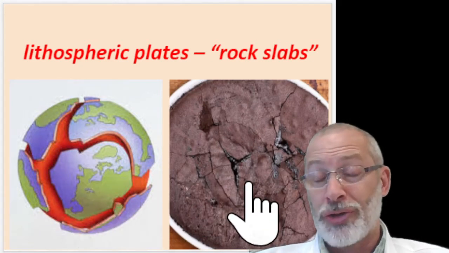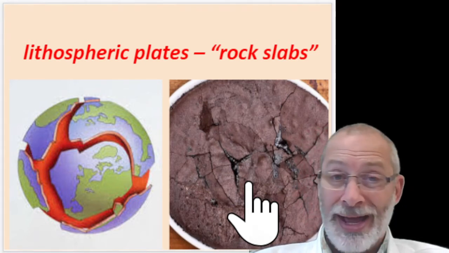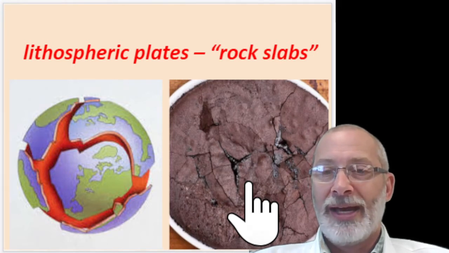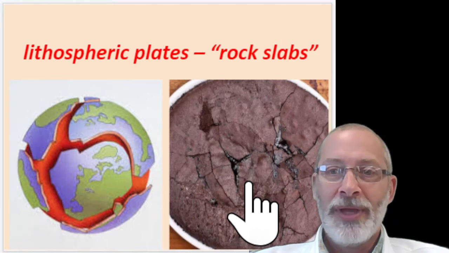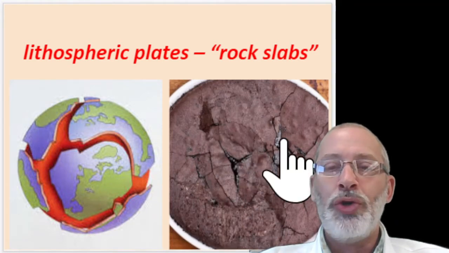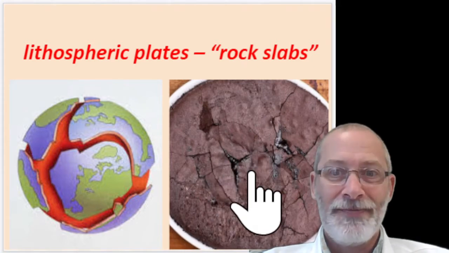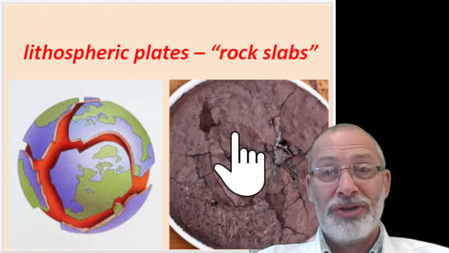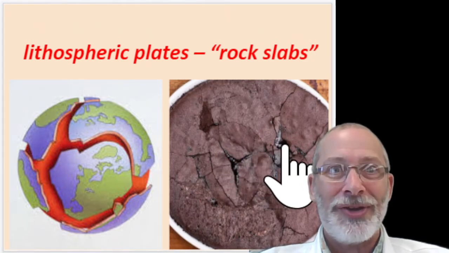Here's another illustration to give to you. I know you know I am a chocoholic. I love chocolate. And, who doesn't love a yummy brownie, right? Well, imagine making an ooey gooey brownie, and you let it set, and the top of that material starts to set first, even though it might be ooey gooey underneath.